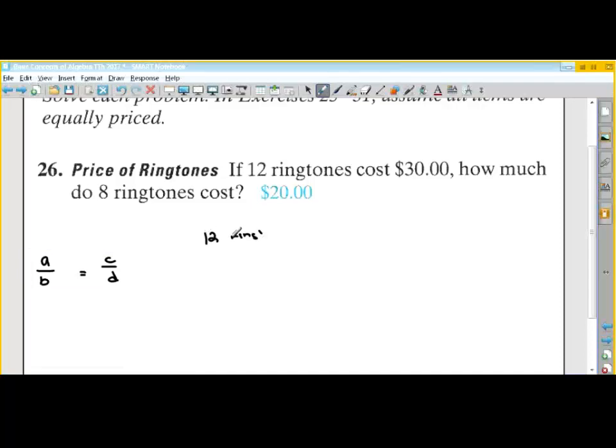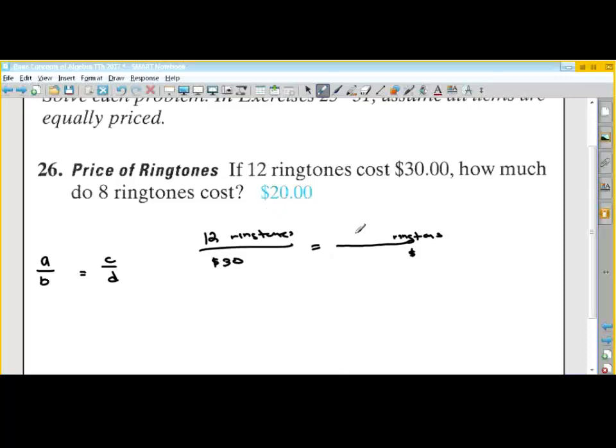So you could set it up as 12 ringtones is to $30 as another proportion. And in this case, you want to have ringtones on the top and you want to have dollars on the bottom.